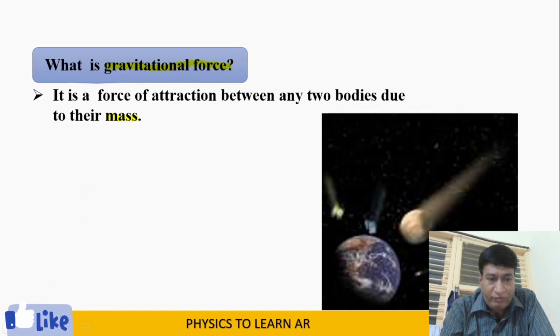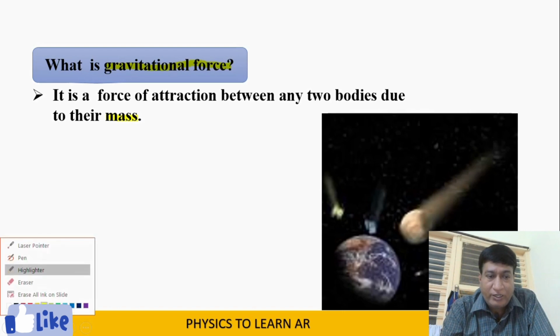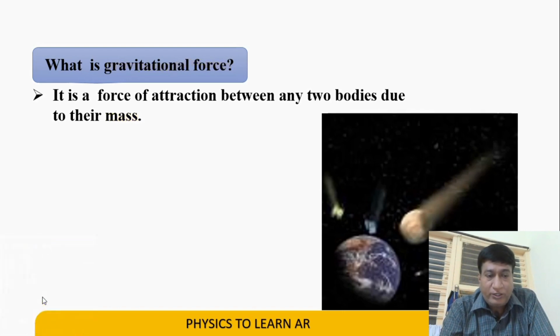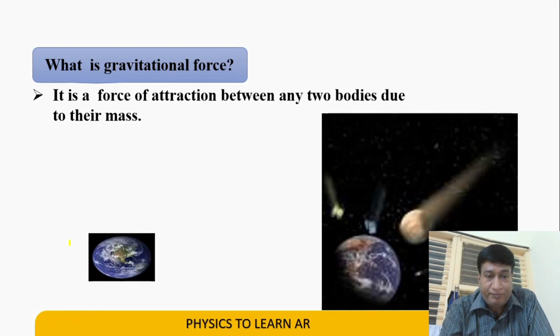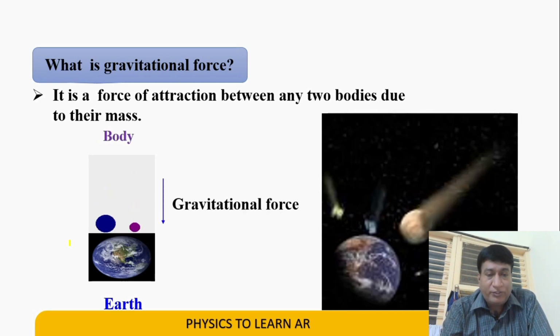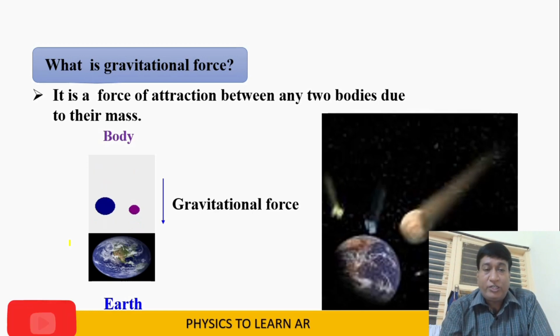Every object or body has some mass, and because of their mass we get a force of attraction. You can see this is the earth, and objects fall towards the surface of the earth. How is this possible? Because of nothing but gravitational force.